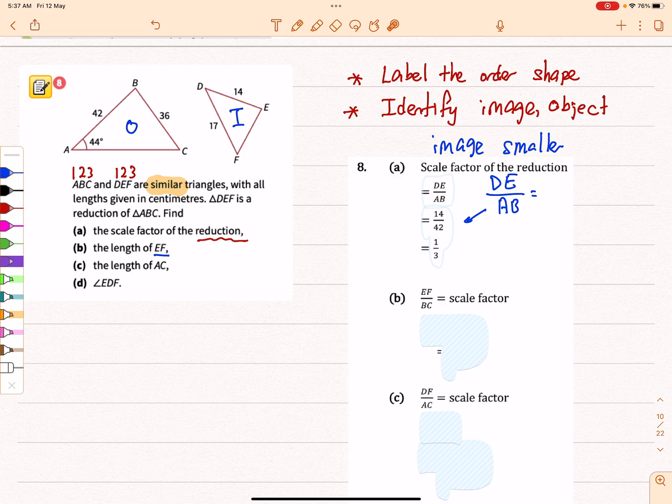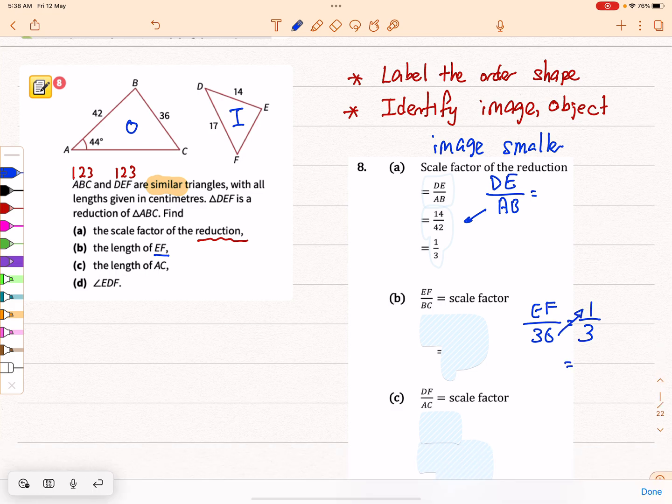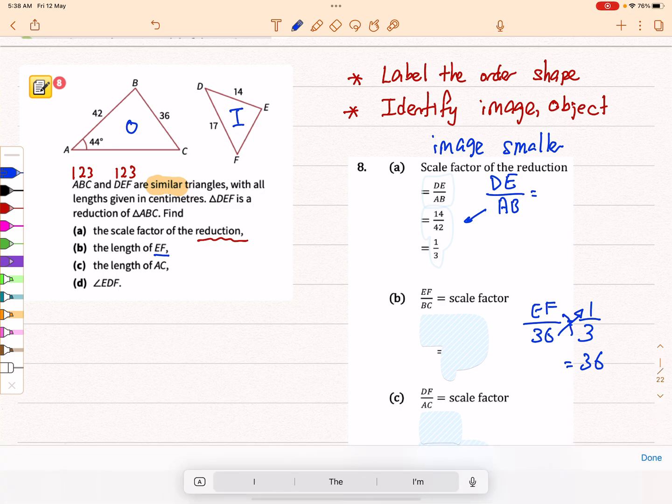Second part, I really want to write down the lengths I know, right? So EF over BC is equal to 1 over 3. Then I want to do a cross multiply, right? So I multiply this upwards, I will get 36. And I multiply this upwards, I will get 3EF.